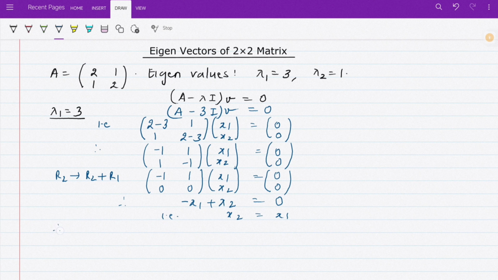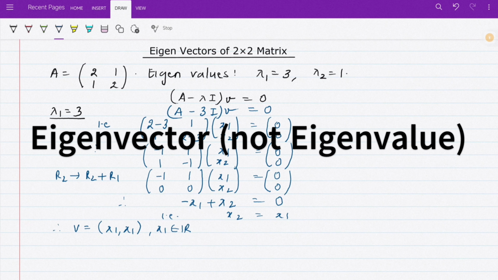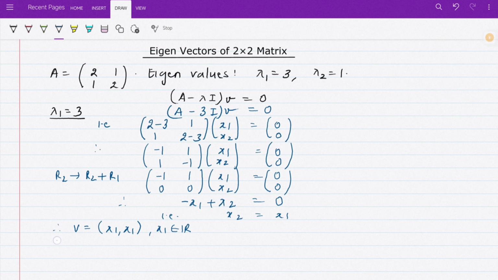Therefore we get V is equal to [x1, x1] where x1 is a real number. This is the eigenvector corresponding to lambda 1 equal to 3. If we put x1 as 1, we get V is equal to [1, 1]. Now let's repeat the same process for lambda 2 equal to 1.